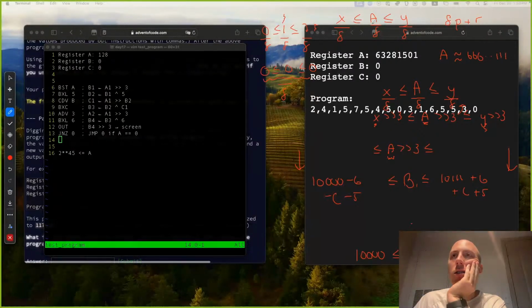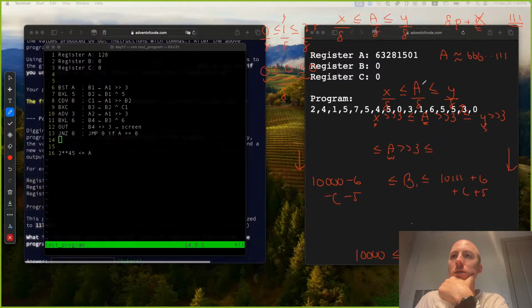8 goes into A a bunch of times until it can't go anymore, and then it has a remainder. That remainder gets chopped off when you divide by 8. Basically, these last 3 bits, with values up to 7, got chopped off.